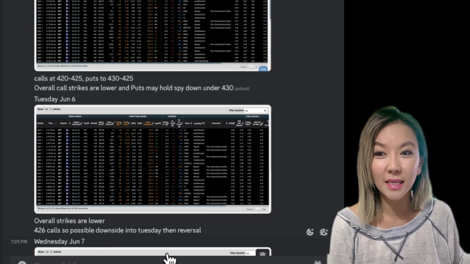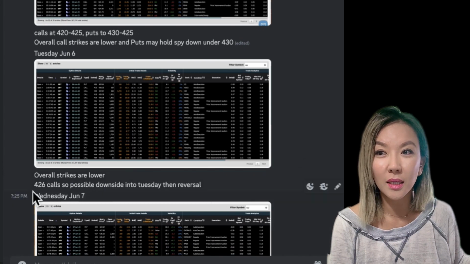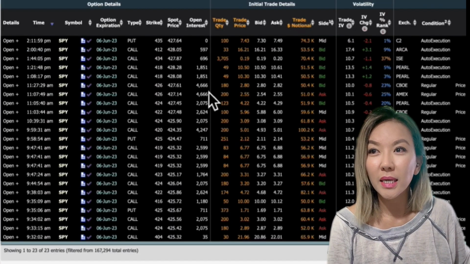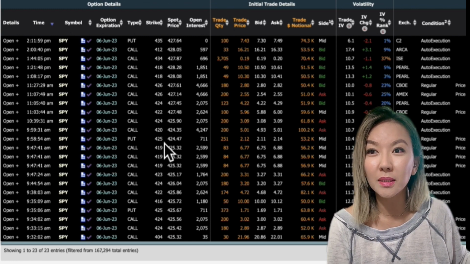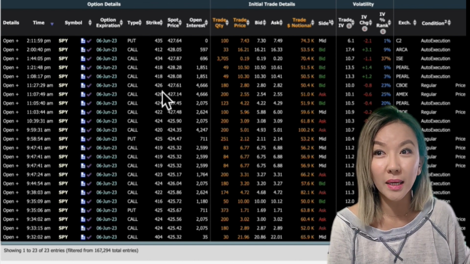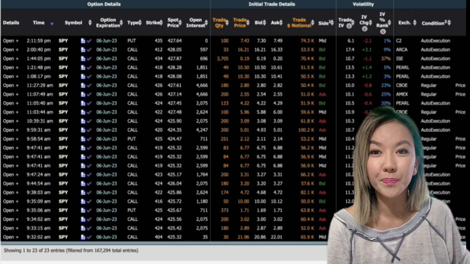And look at the next day. I was projecting 426 into Tuesday because of this range first, rejection from the 430. If you look at the Tuesday order flow, you're going to see a lot of puts down to 425, but calls holding up the market at 426.